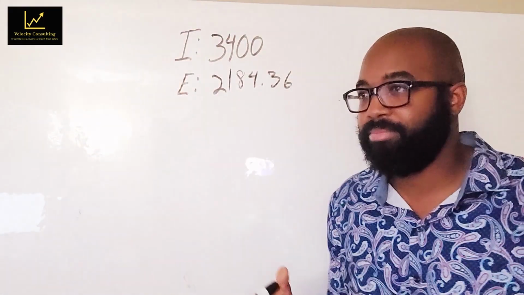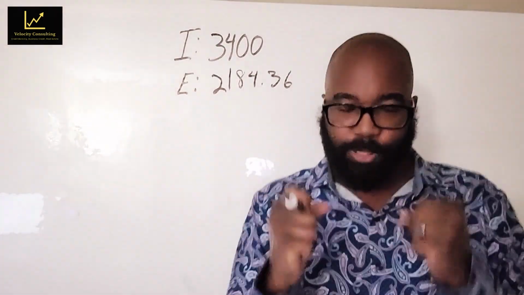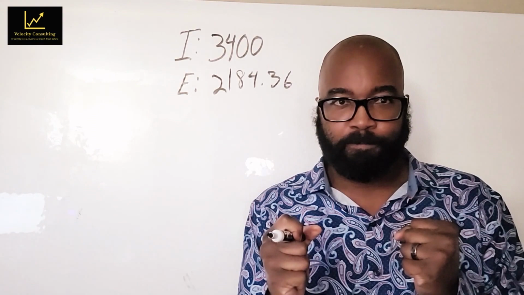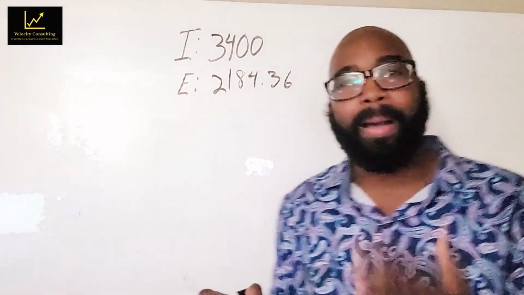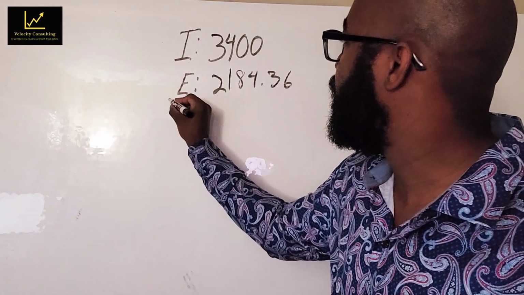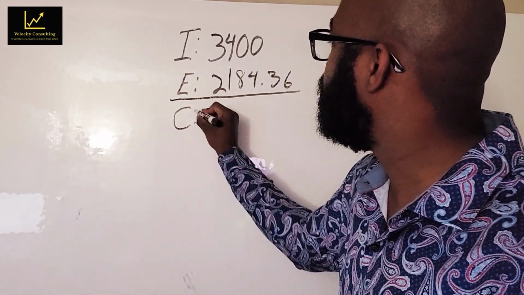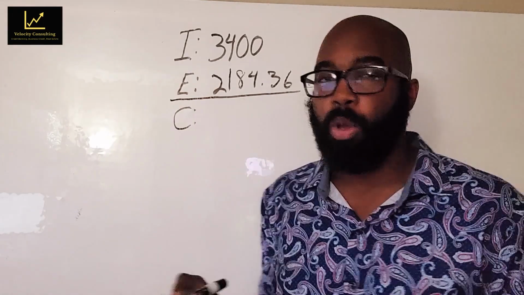So right away, how do you calculate the cash flow? That's right. Income minus the expenses, and that's going to be the cash flow. We don't know that yet, so let's take a pause there and continue on.